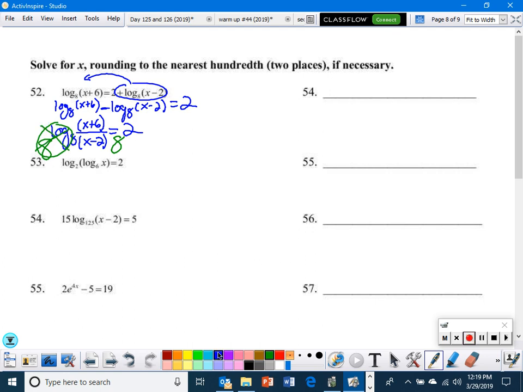And so what I have now is x plus 6 over x minus 2 equals 8 squared. Now, 8 squared becomes 64. So I'm going to rewrite that as 64.